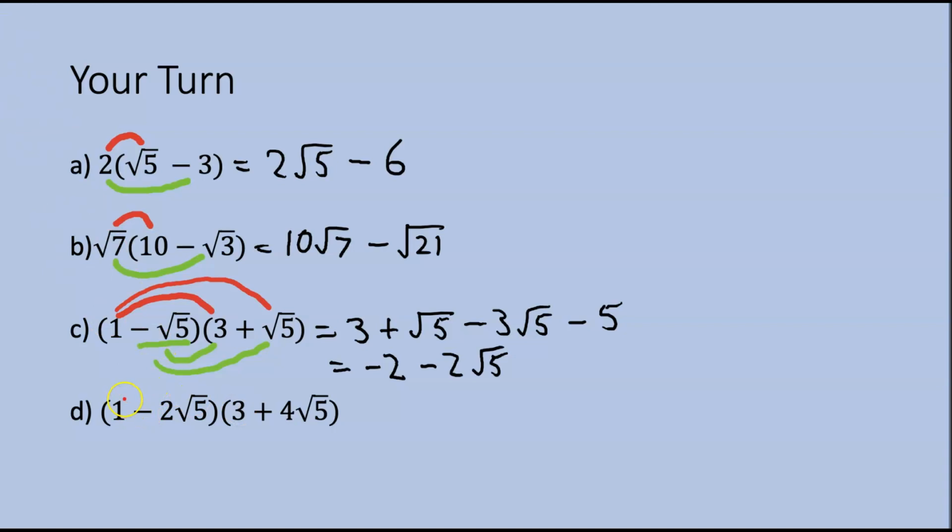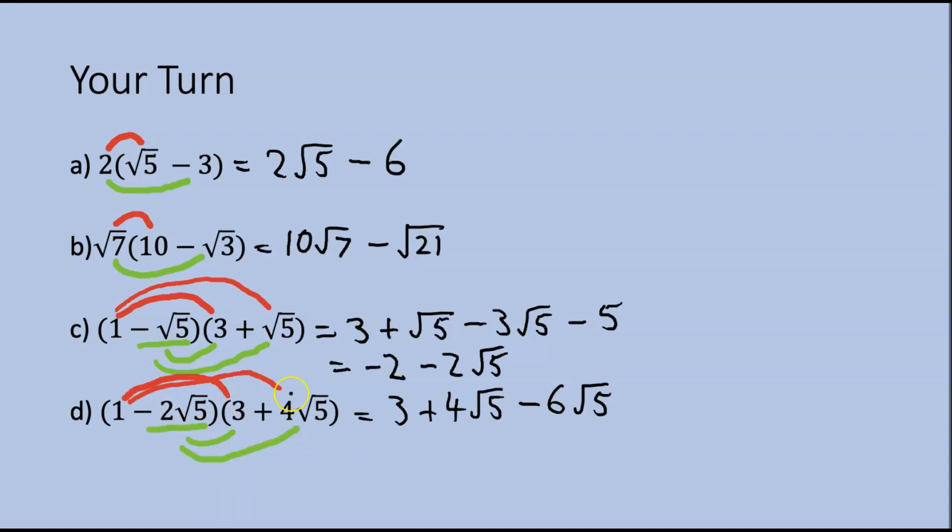Now finally I do the same again here. 1 times 3 gives me 3. And 1 times 4 root 5 gives me 4 root 5. Minus 2 root 5 times 3, minus 2 times 3 gives me minus 6. So minus 6 root 5. Minus 2 root 5 times 4 root 5.